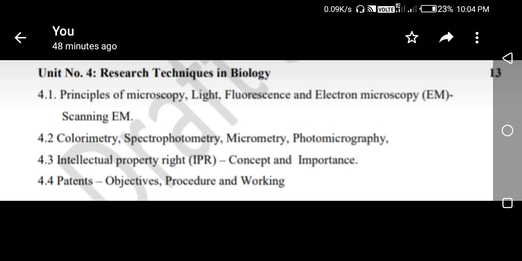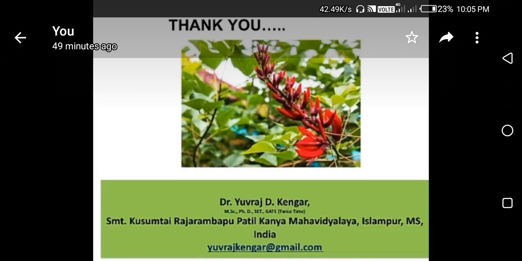Therefore, the weightage of every unit may be near about 12 to 14. So in detail all these things we will learn in online as well as in classroom lectures. So I have just discussed the syllabus of paper number 11, cytology and techniques in cell biology.